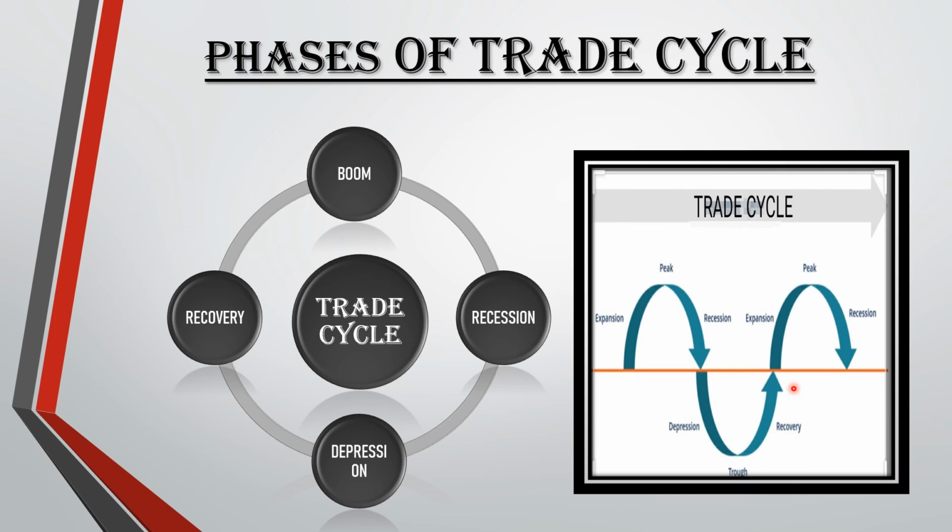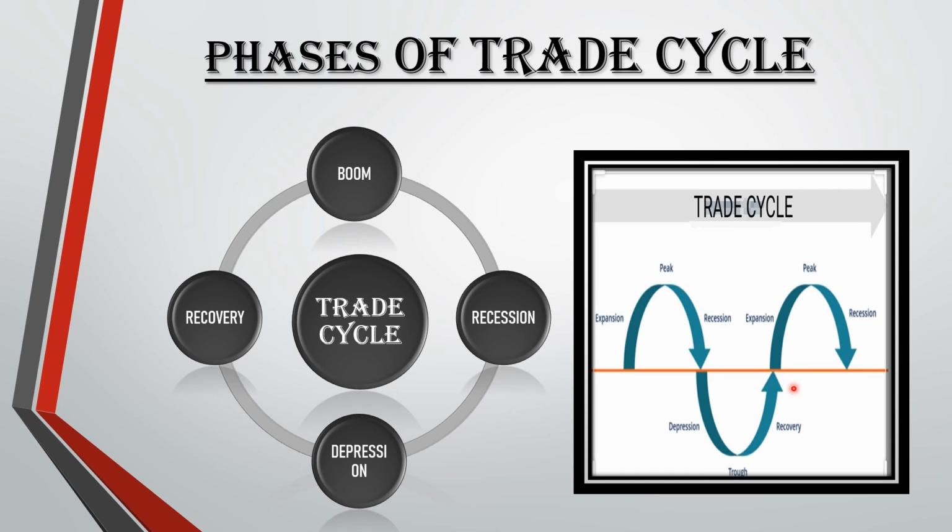Demand starts to pick up due to the lowest prices, and consequently supply starts reacting. The economy develops a positive attitude toward investment, and employment and production start increasing. Employment begins to rise due to accumulated cash balances with the bankers, which also shows a positive signal.